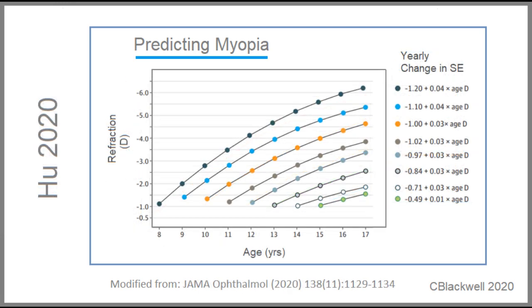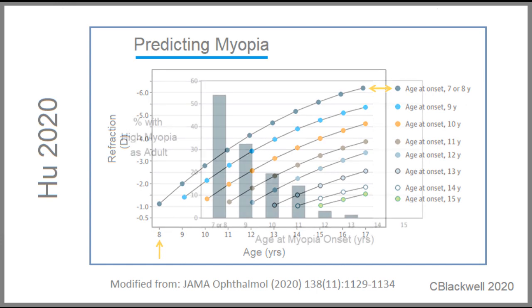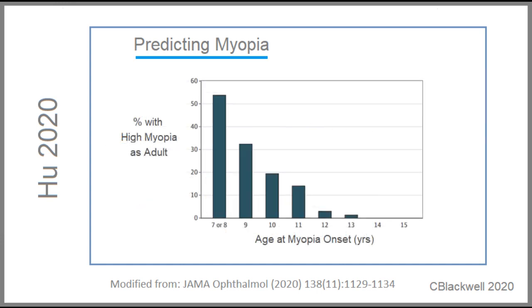Here is another version of the same graph strategy with somewhat different curves. In this study, if myopia started at age 8, by age 17 the average refraction was over -6 diopters. Looking another way, the chance of developing high myopia, defined as greater than -6 diopters: for those whose myopia started at age 7 or 8, in this study population, the risk was greater than 50%.